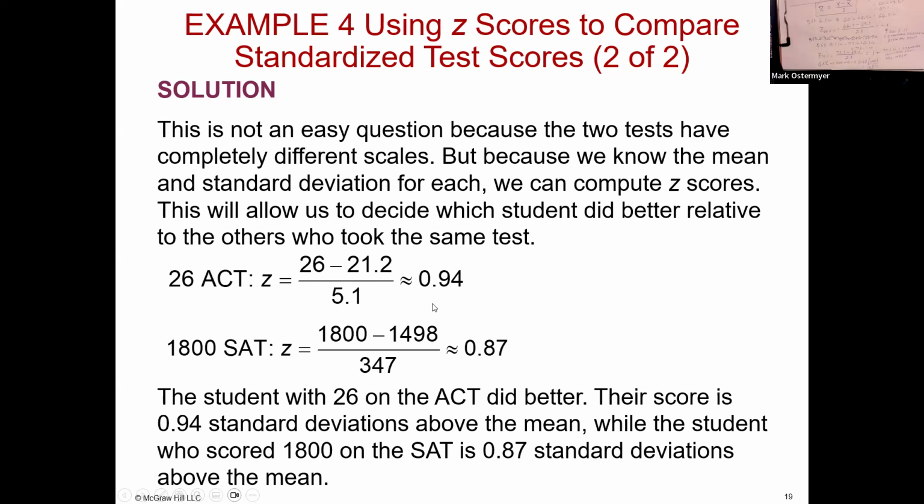Well, ladies and gentlemen, the Z-score that is furthest above the mean would be 0.94 here.